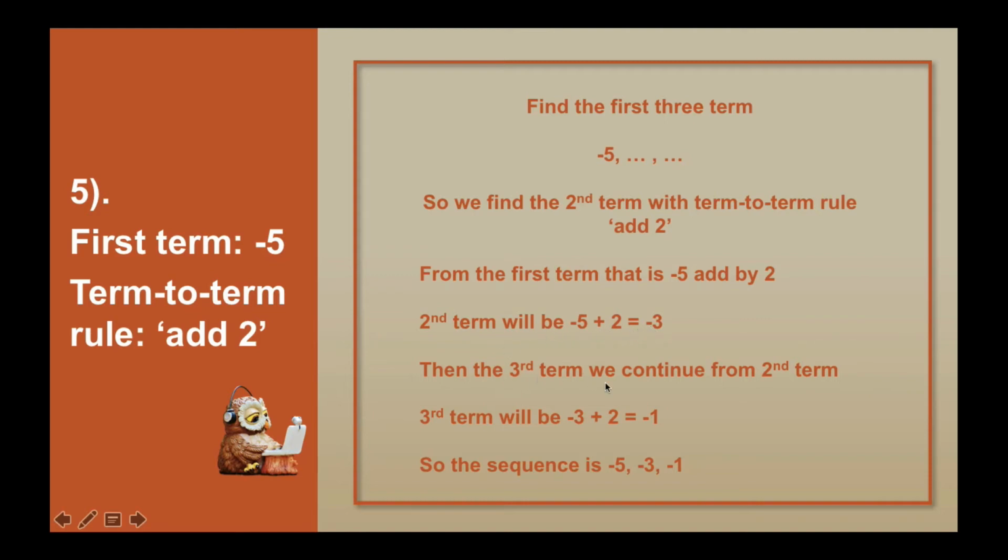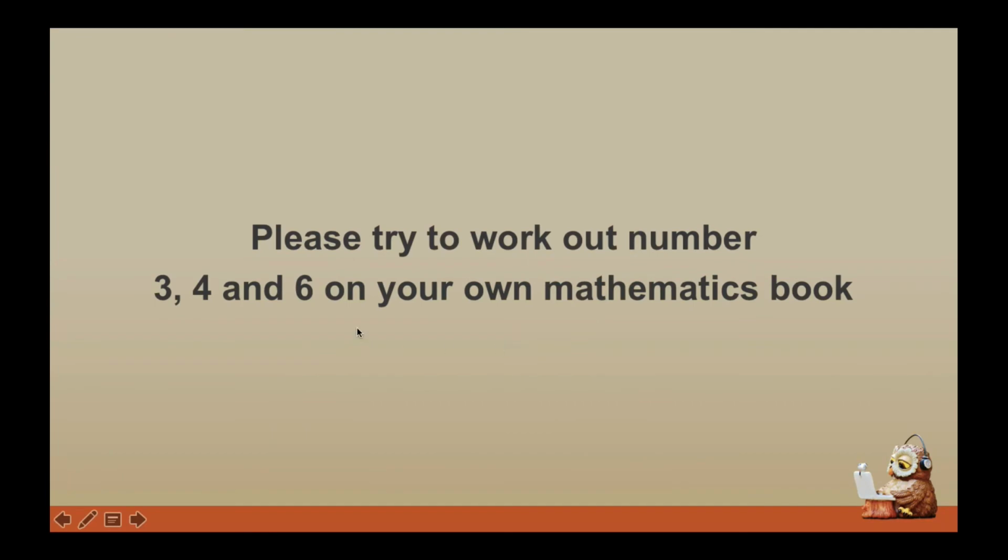Then the third term, we continue from the second term. The third term will be negative 3 add by 2 equals negative 1. So the sequence is negative 5, negative 3, and negative 1. So all of you, please try to work out number 3, number 4, and number 6 on your own in your mathematics book.